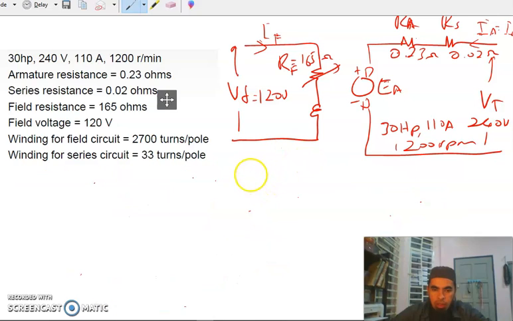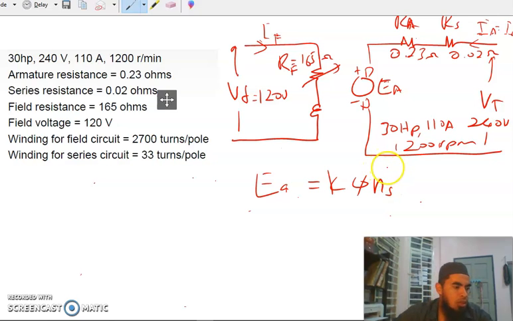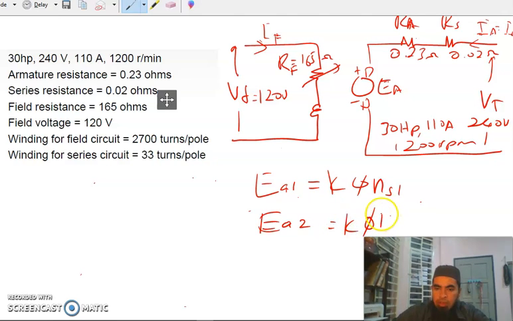And also we know that the relation between internal generated voltage with the flux and the speed is represented by this equation. EA1 depends on S1. Same goes if we change to EA2, so we produce the same, depending on the same flux, with S2.